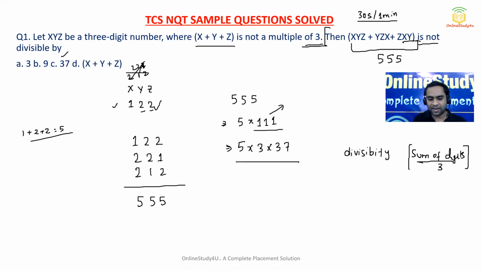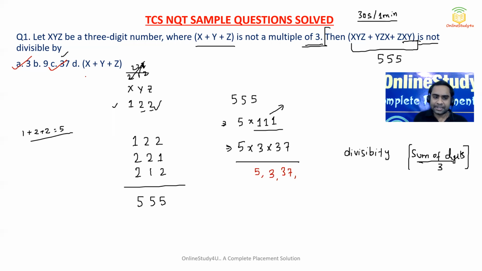Now we can see this number will be divisible by 5, so if we divide by 5, yes, 5 will divide 5. This number will also be divisible by 3, so 3 will divide 3. This number will also be divisible by 37.